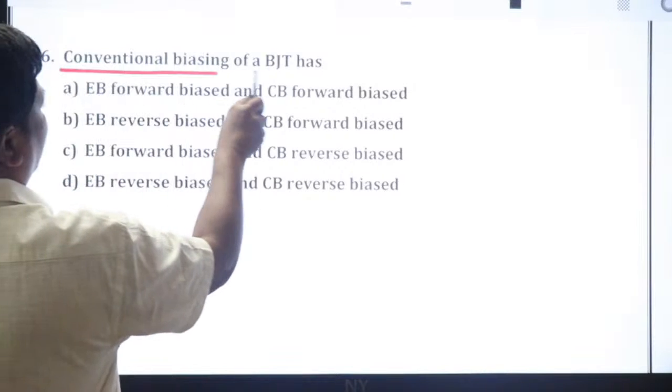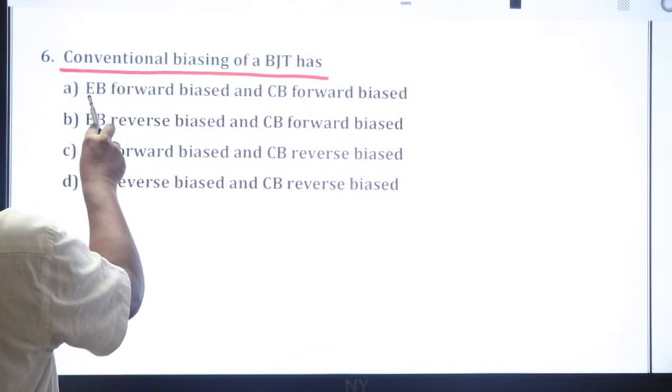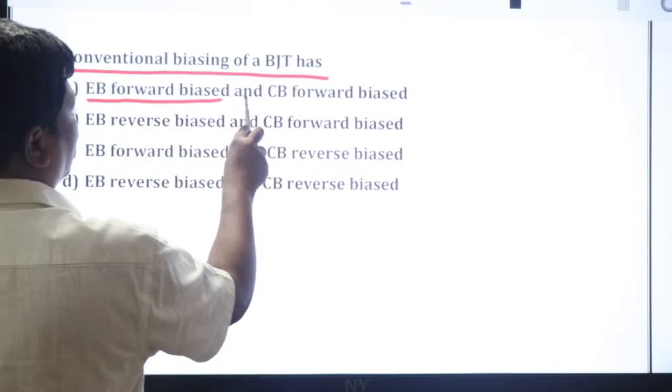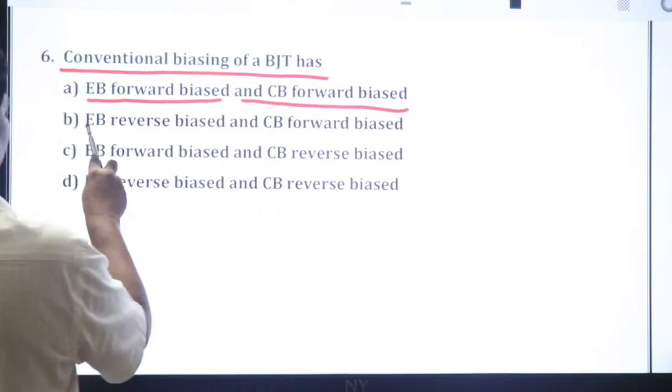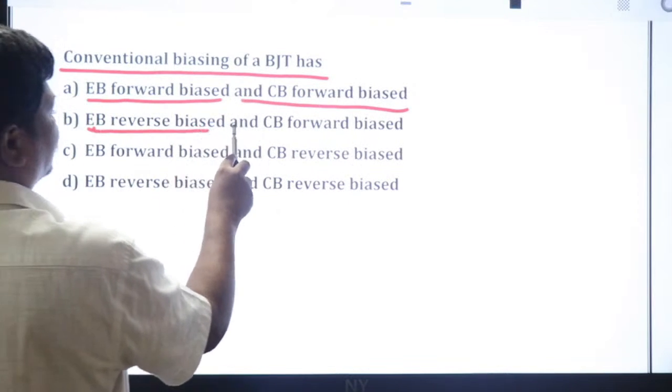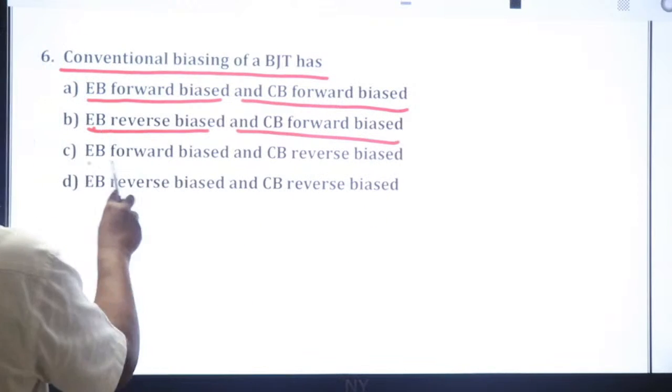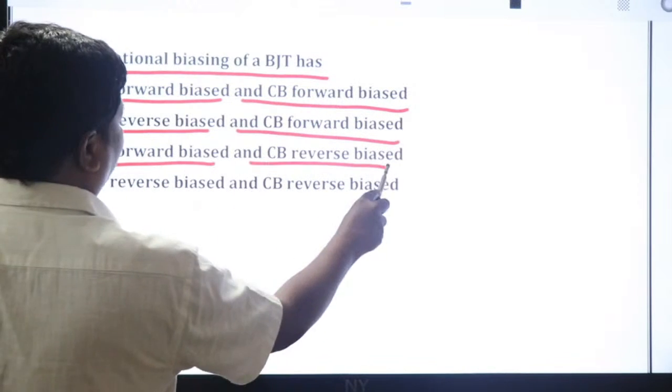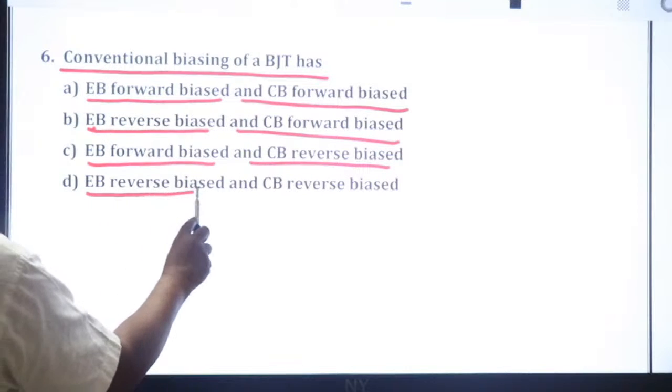Conventional biasing of a BJT has the emitter base forward biased and the collector forward biased; emitter base reverse biased and collector forward biased; emitter forward biased and collector reverse biased; or emitter base reverse biased.